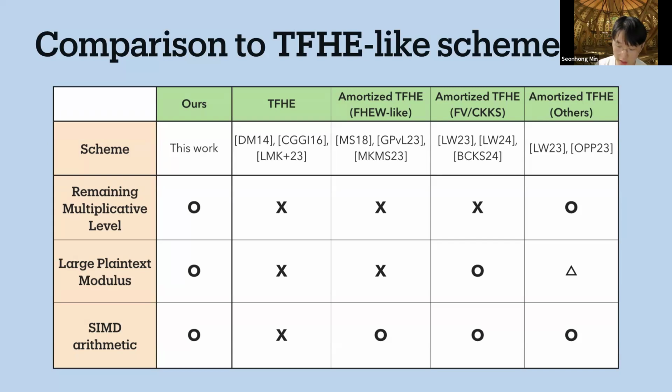So basically they rotated the root of unity using the automorphisms, and it may have some remaining multiplicative level, but it does not really support large plaintext modulus since they require lots of multiplicative level to compute this property properly. So our work can achieve all these: remaining multiplicative level, large plaintext modulus, and SIMD arithmetic.